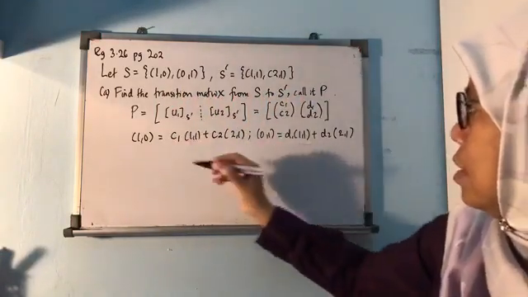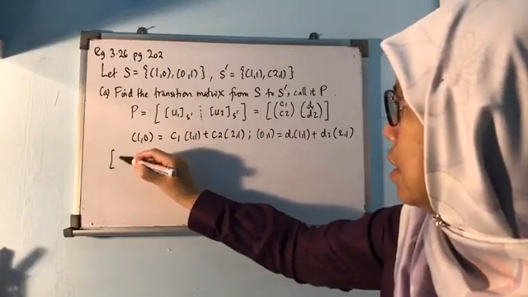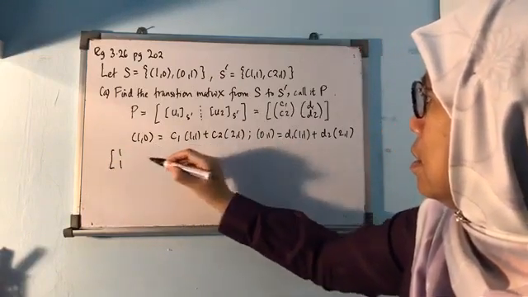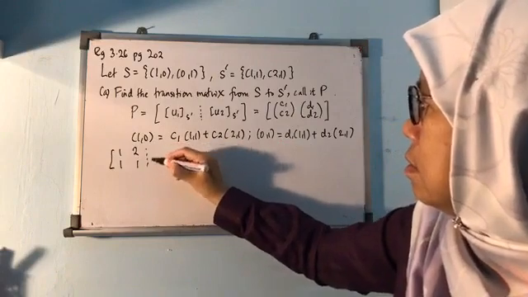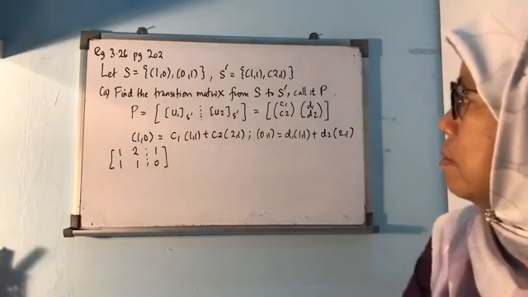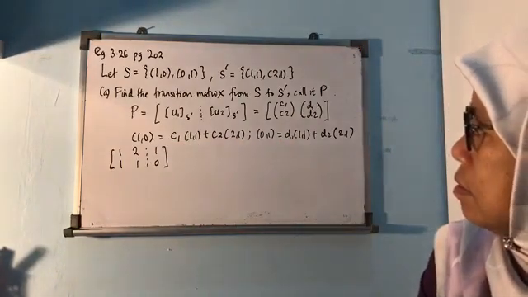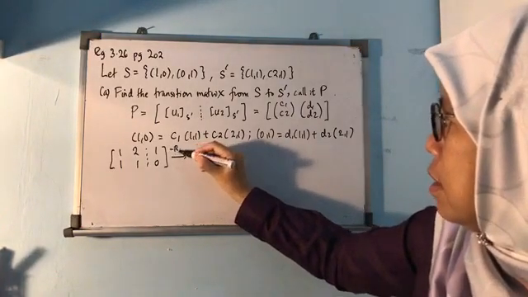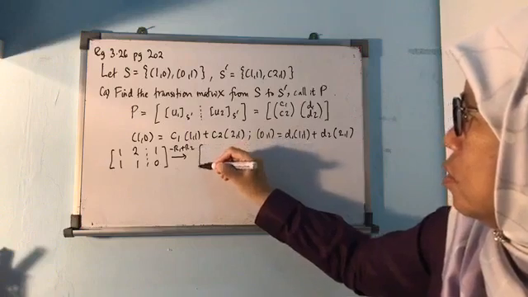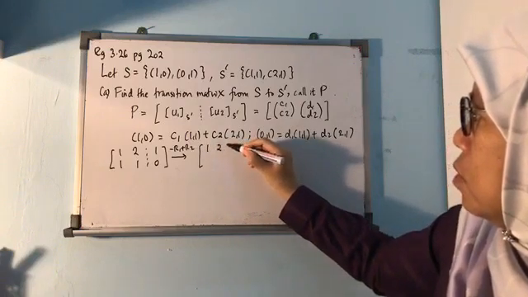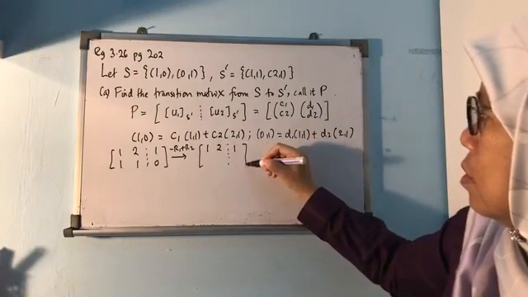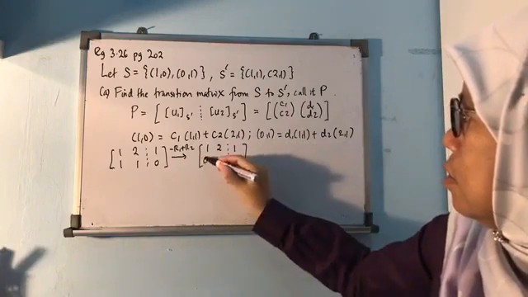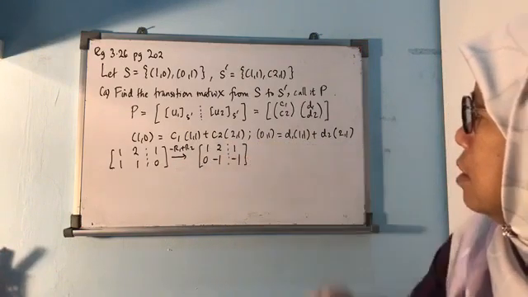So solving this, you can solve like this, right? 1, 1, 2, 1, 1, 0. Negative R1 plus R2, get 1, 2, 0, negative 1.